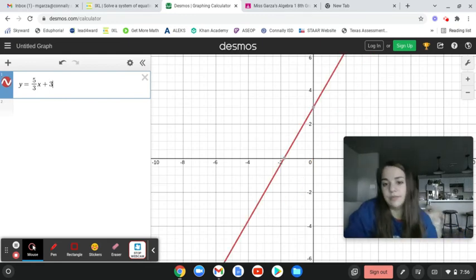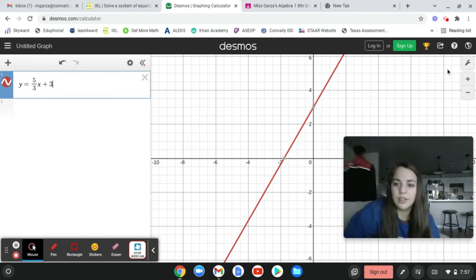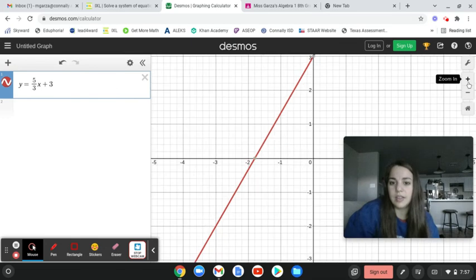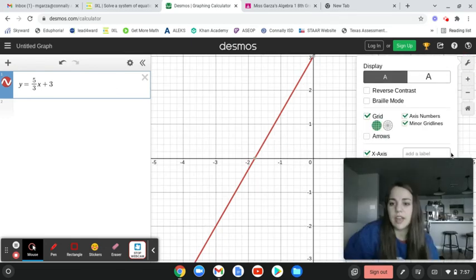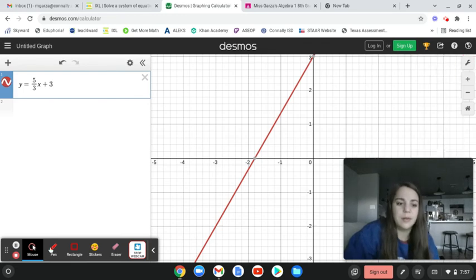And it does it for you. It makes the whole graph for you. You just have to figure out what it means. You can zoom in like that. You can change the settings of things. You can make it look how you want it to look. You can add more lines.